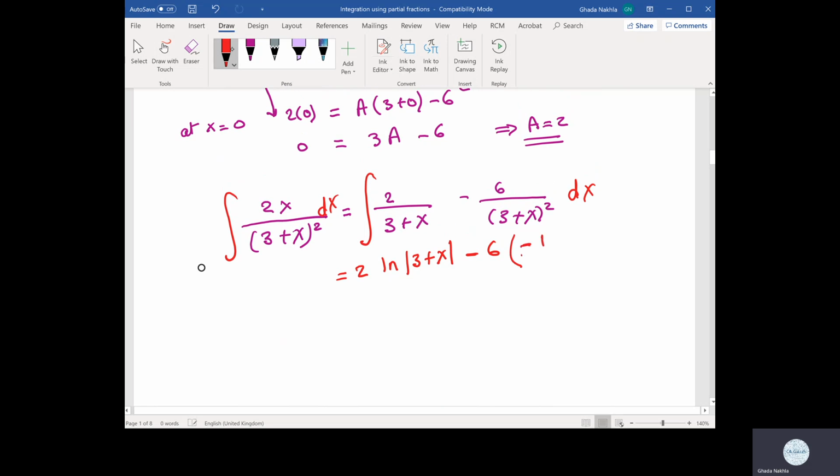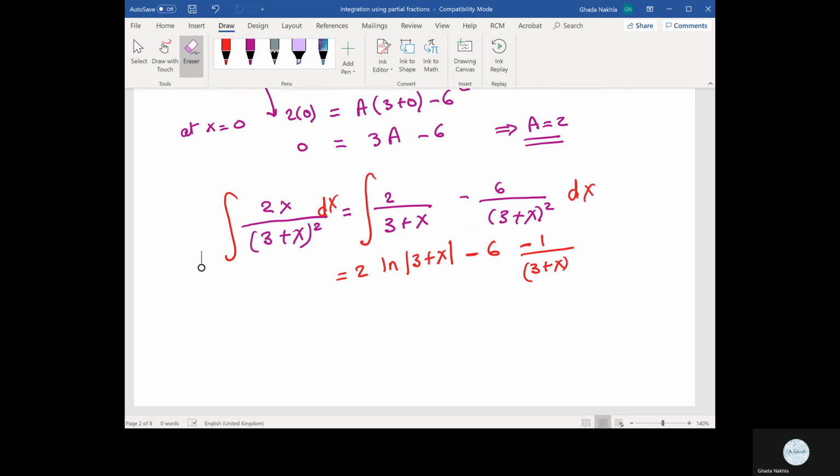So minus 1 over 3 plus x whole squared, actually to the power of 1, I beg your pardon, and multiply the denominator by the coefficient of x, which is 1, so I'm going to leave it there, plus c.